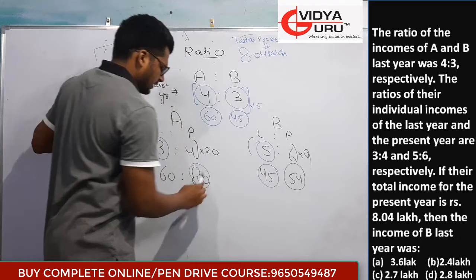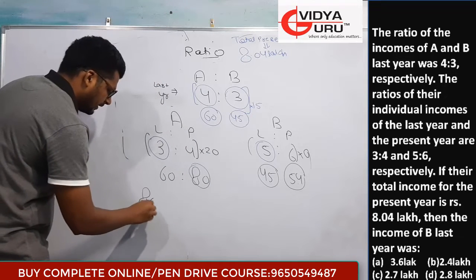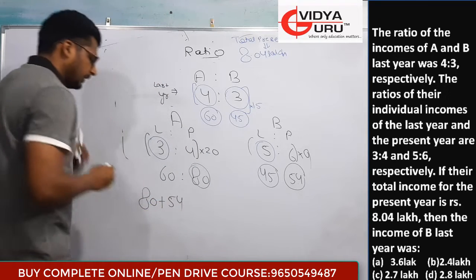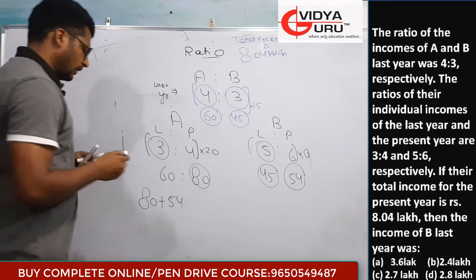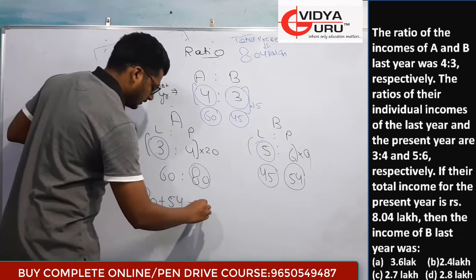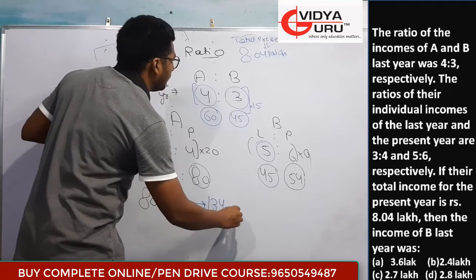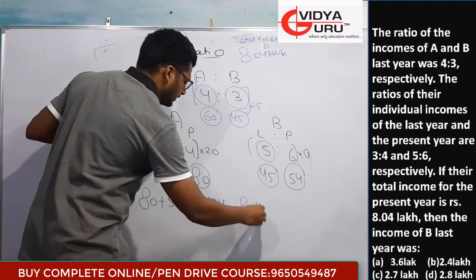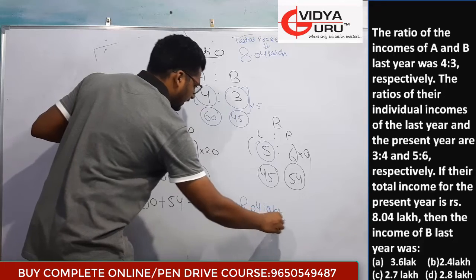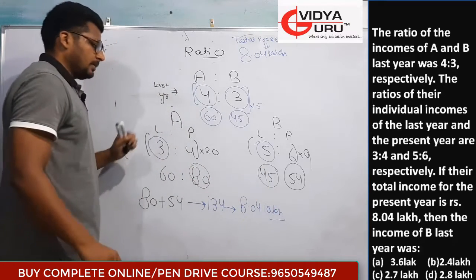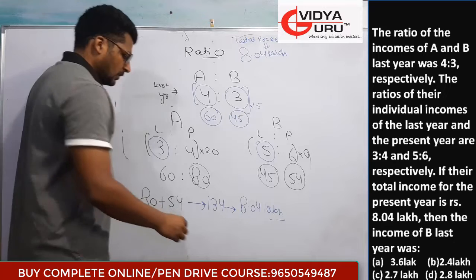This and this: 80 plus 54, which is 134. The value is 8.04 lakh. And B's last year income is asked, that means the value of 45 is asked.